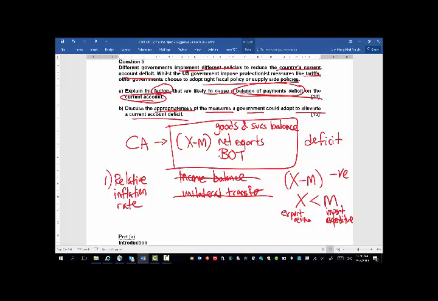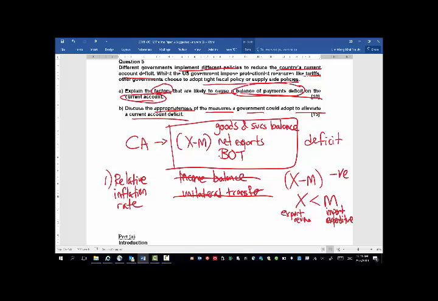Because your country has a relatively higher inflation rate, this makes imports from other countries relatively cheaper, and your domestic consumers will therefore increase their demand for imports, which are a substitute of your domestically produced goods, assuming that they are substitutes. So that's why your M increased, your X decreased, such that your X becomes smaller than your M.